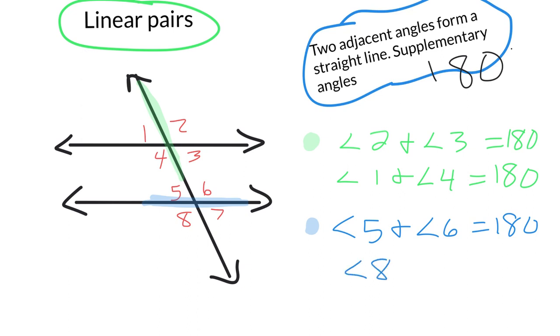And angle 8 and angle 7 add up to 180. So those are some examples. There are really more, but again, these two make 180. But 6 and 7 also add up to 180. These add up to 180, and so forth. So there happen to be 8 linear pairs in here.